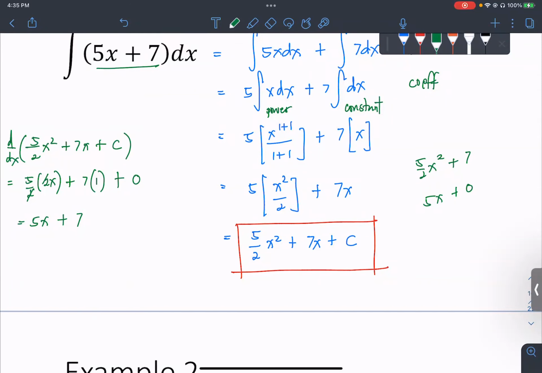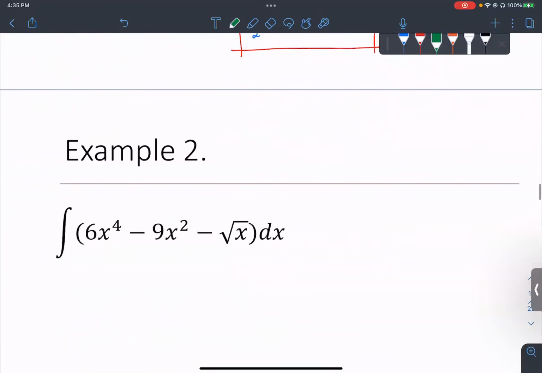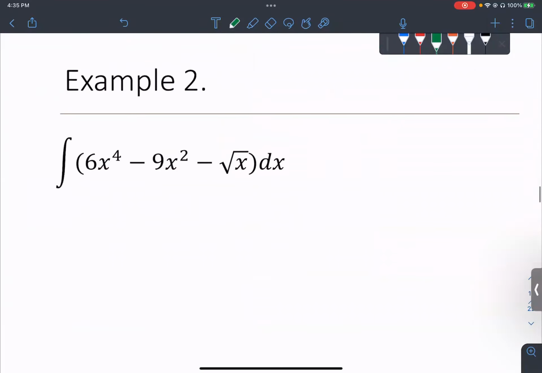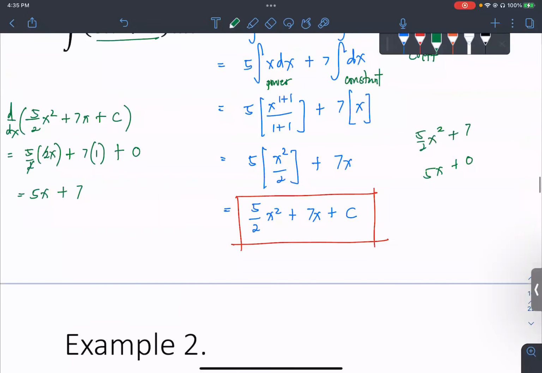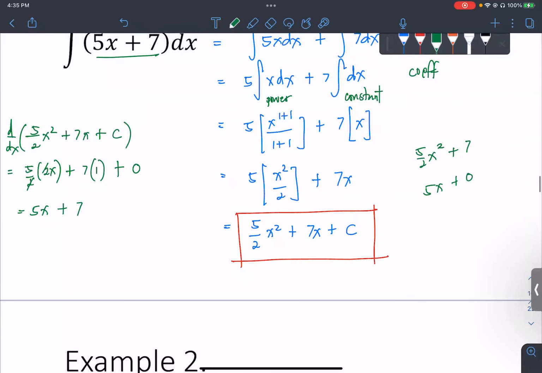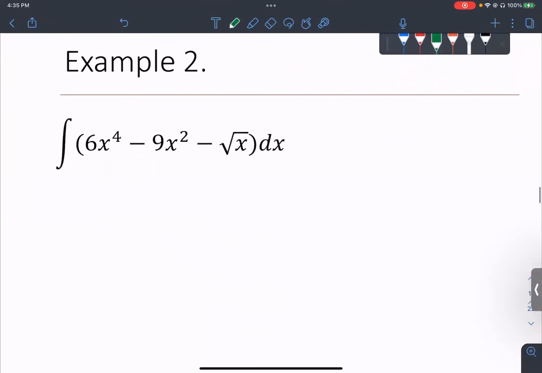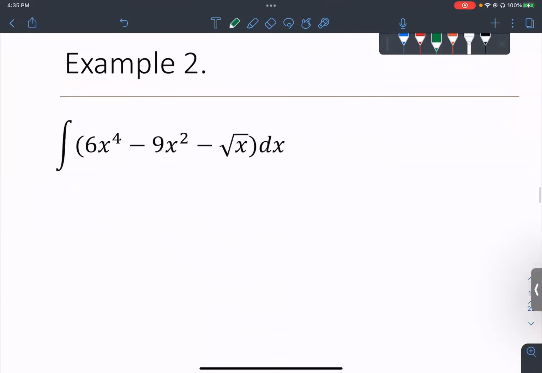Okay. So let's proceed with the second one. Wala nang tanong doon. So number 2.